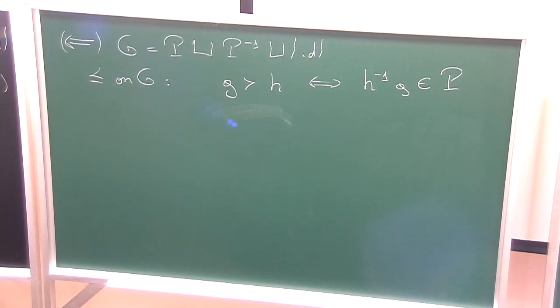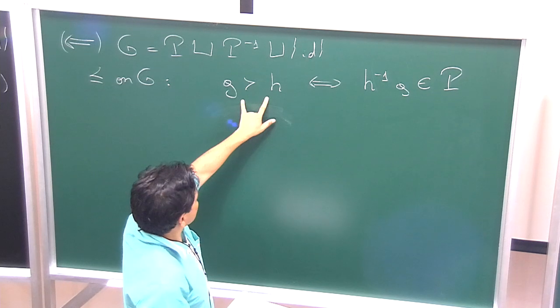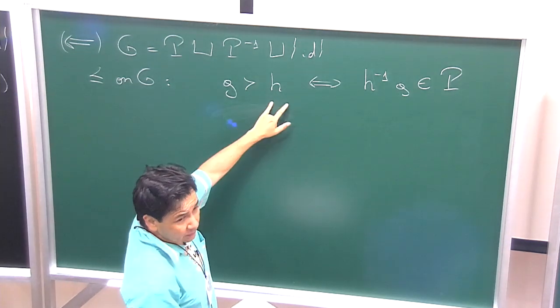And this is a total order because if you have two different elements, then one is larger than the other one.